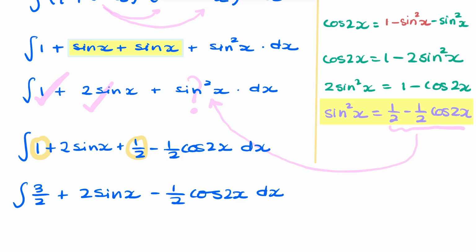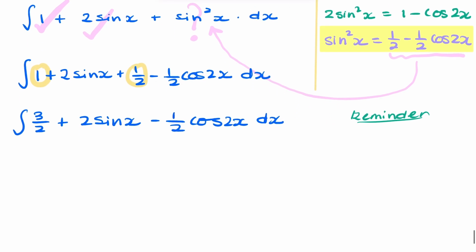So one final reminder: the integral of cosine ax is sine ax, but then you divide by the constant. Whenever you have a multiplier, use the reverse chain rule and you divide by that multiplier.